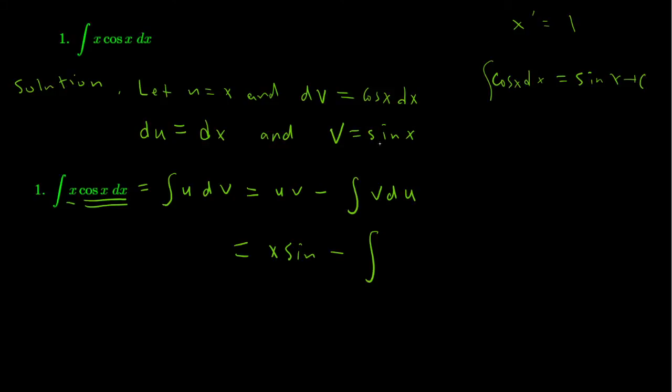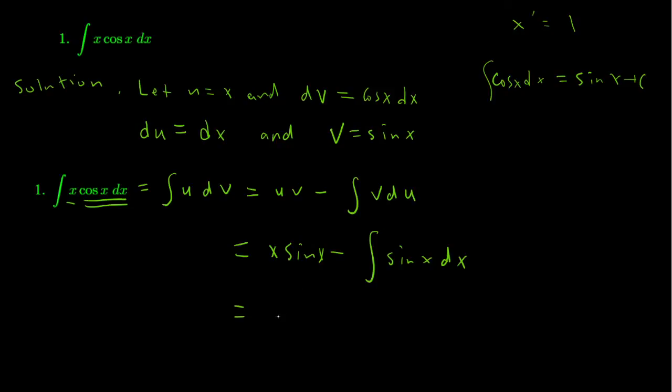So do you see the integral is easier to compute? Now all we need is to compute the indefinite integral of sine of x dx. Sorry, I forgot dx in here, guys. We are almost ready to have the final answer.